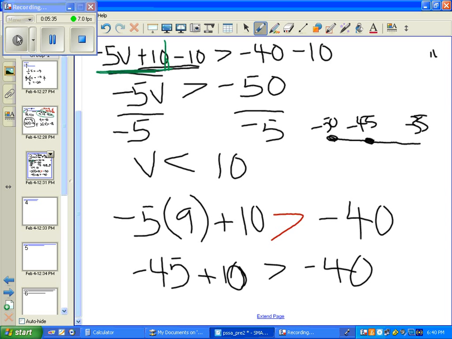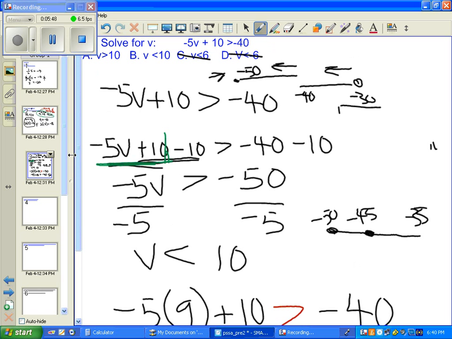Is negative 35 greater than negative 40? It's true. So our answer in this case is B. V is less than 10.